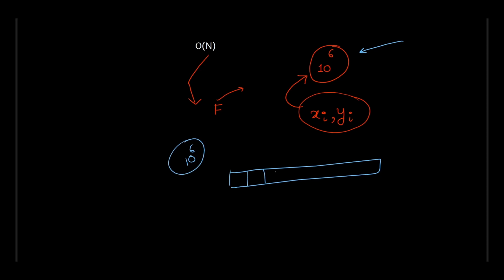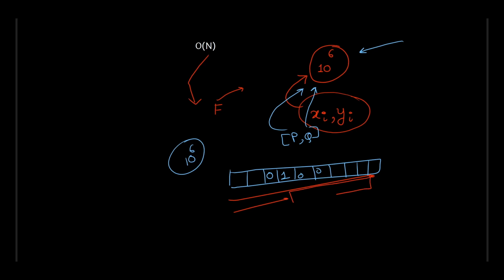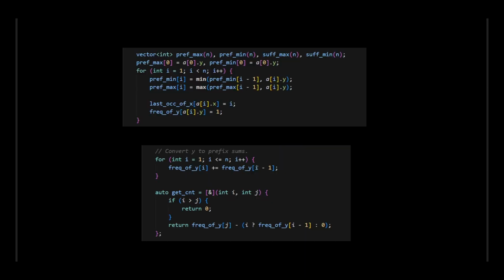If a particular y is present, you set it as 1, else you set it as 0. Then if you want to count the number of integers in this range p to q, and p and q will also of course be less than or equal to 10 to the power 6, all you have to do is compute the prefix sum, and then subtract them to get this interval p to q. So using prefix sums, you can solve this problem in O of n.